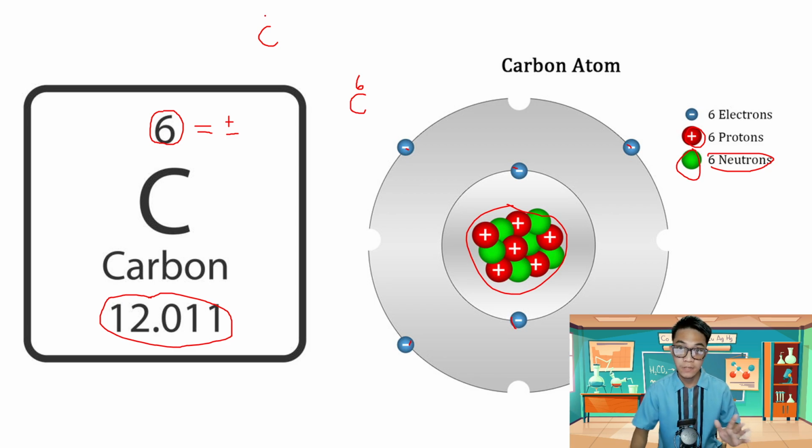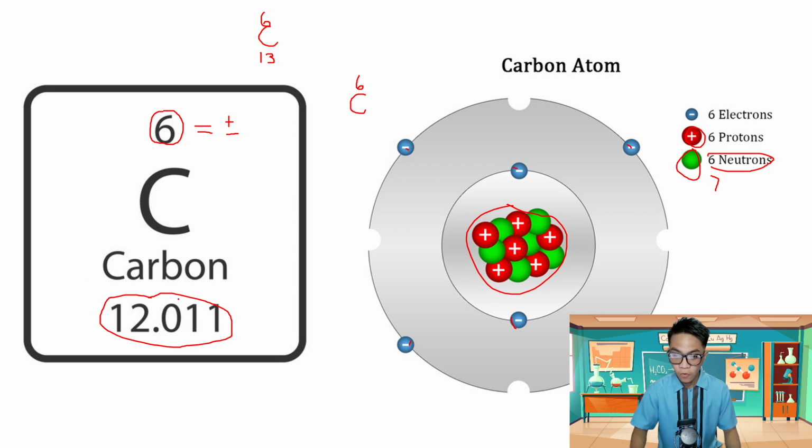Basically, an isotope is just the same element but with a different number of neutrons. So we have 6 protons, 6 electrons, but if we have 7 neutrons, then the atomic mass of that specific isotope of carbon will be 13 and not 12. So that's the reason why.